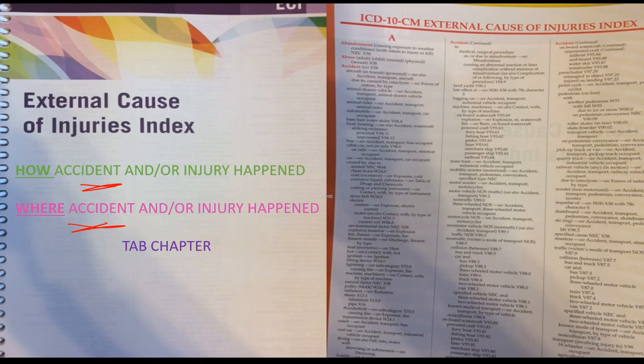It's important to know that this alpha index is here because you could look all day long in that first alpha index and never find what you're looking for when you're looking for how and where an accident happened. You can find the type of accident and the activity in this section. So make sure you put a little tab for your external causes to get to that really quickly.